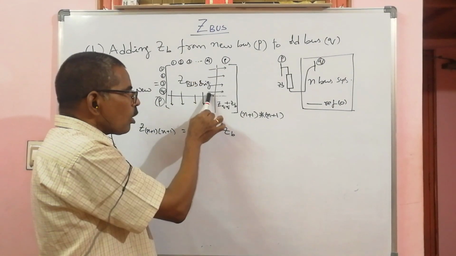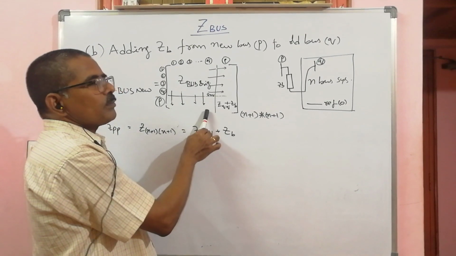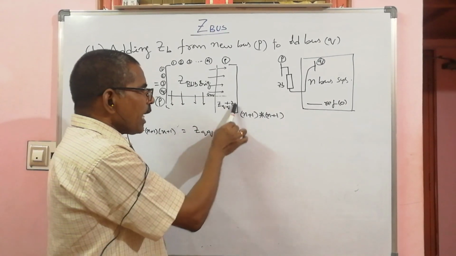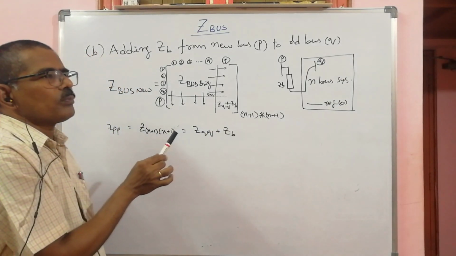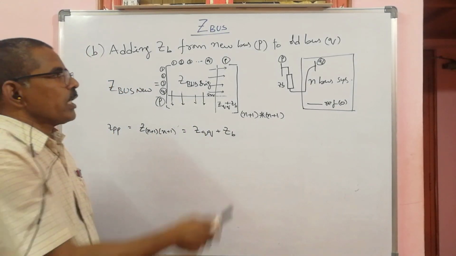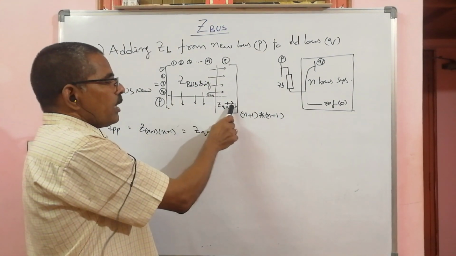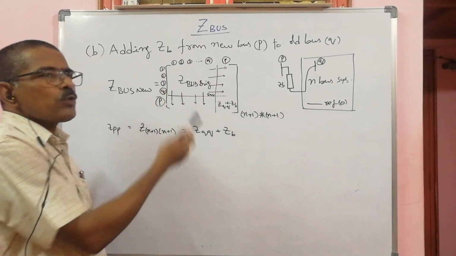The qth column you copy here, the qth row you copy here, and then the diagonal is Zb plus Zqq. Earlier these were all zeros and this was Zb only, if it is between a new bus and reference.